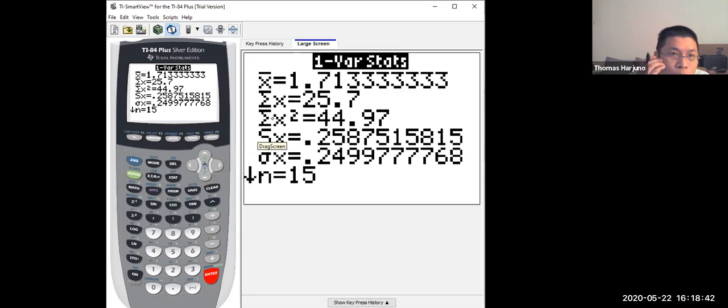Now, the reason I want you to do it the quote-unquote long way in your test is that if you go to a higher level, you will not use the TI-84. When it comes to multivariable statistical analysis, our calculator can handle two variables at most, so at one point this will be useless.